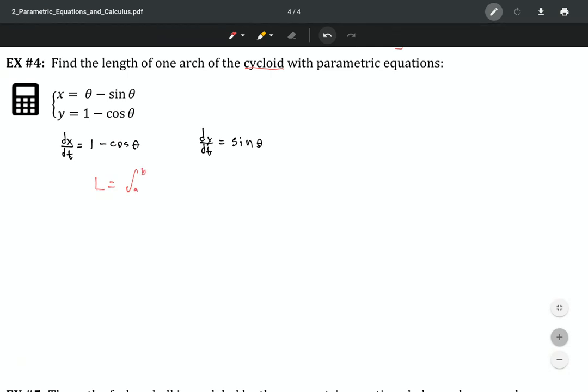So a to b, square root of dx dt squared, that's x, plus dy dt, all of that squared dt, like that. All right, so.